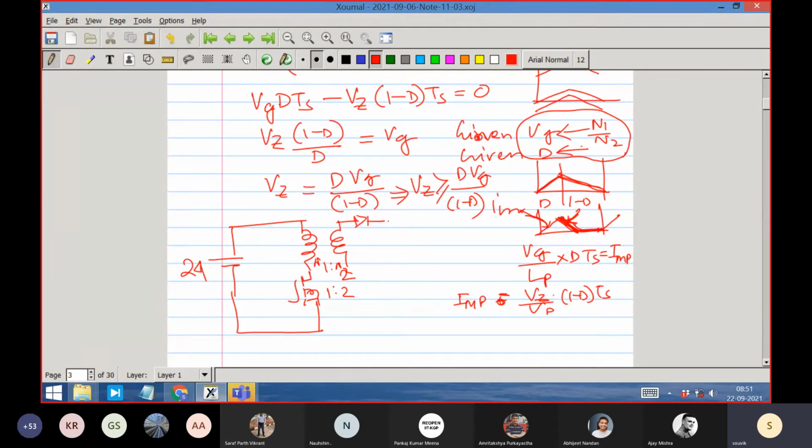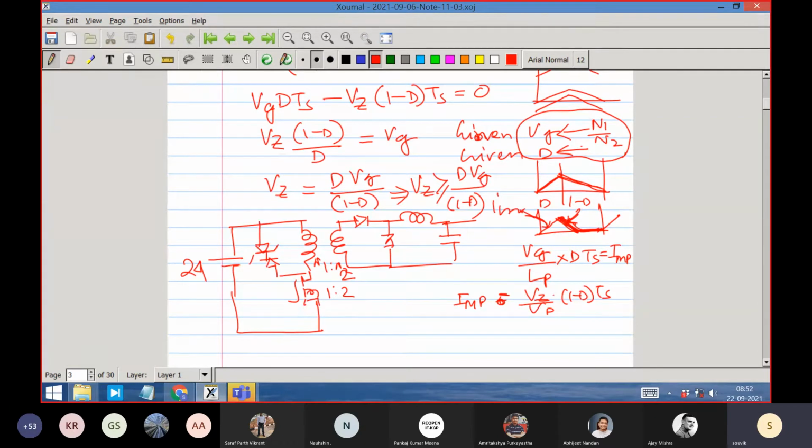And here the duty ratio, we don't decide the duty ratio. We will see the constraint on the duty ratio. Let me do the Zener circuit. I want to show you the constraint on the duty ratio. So I have put a Zener.